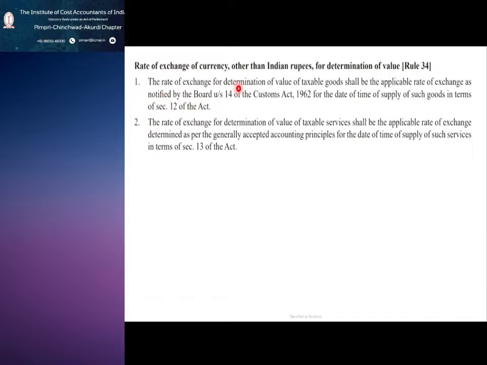The rate of exchange determined shall be applicable as notified by the board for the date of time of supply, and the applicable rate of exchange as per the generally accepted accounting principles for the date of time of such services in terms of section 13.